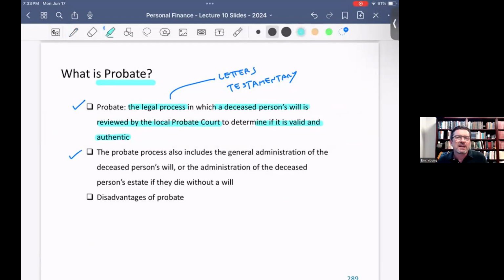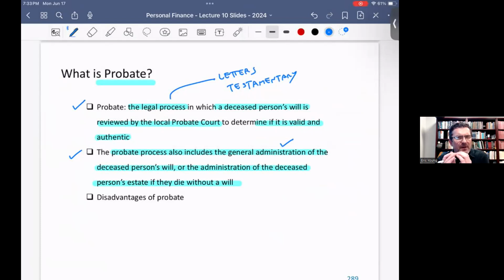In recent decades, the term probate has also sort of expanded. So now probate is not just the legal process where the court says do it, but probate now refers also to the ongoing process by which your will is administered.